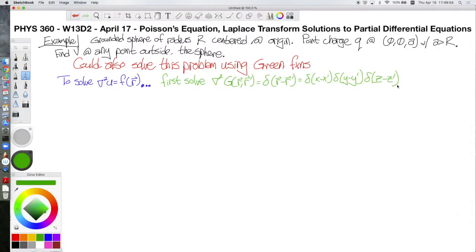So to solve the Laplacian of u equals some function that depends on position, being our source density, we first solve the Laplacian of our Green's function equals a delta function centered on the point r prime, which is x prime, y prime, z prime. So then the Green's function here is the potential due to a point source.